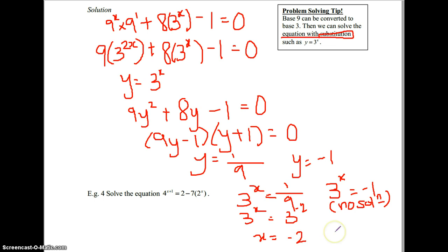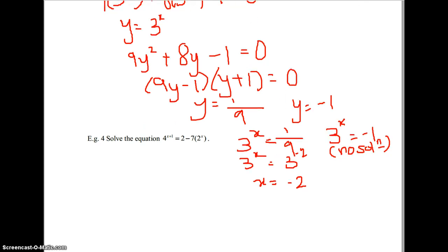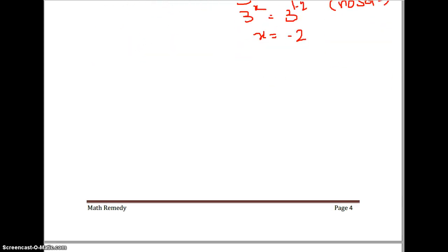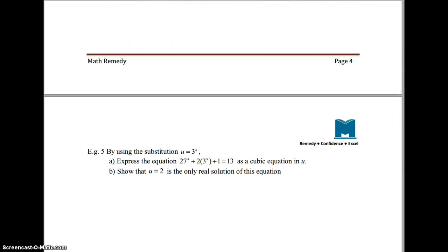So I hope you understand this. Always remember that whenever you have something to the power of something, the answer will not be a negative number. If it is a negative number, there's no solution. It is undefined. Moving on from here, I believe you can then try example 4.